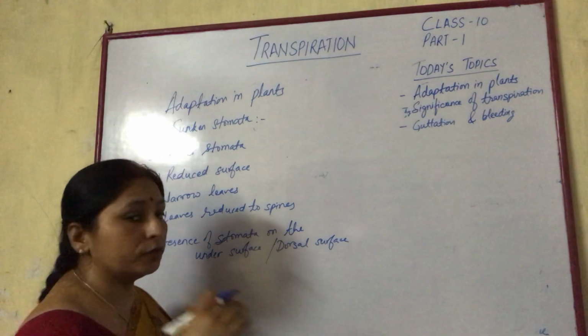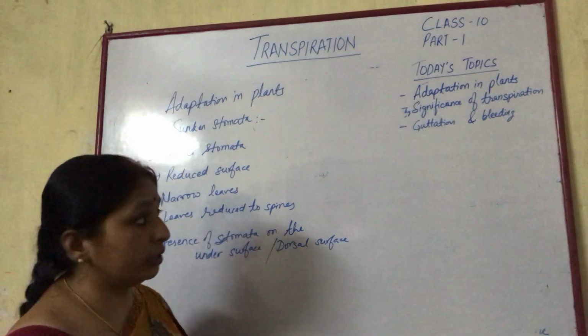So the number of stomata is more on the lower surface as compared to the upper surface.